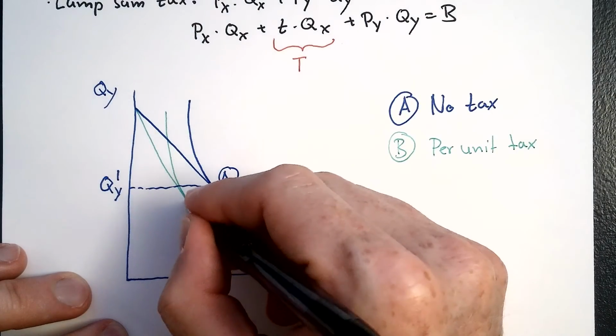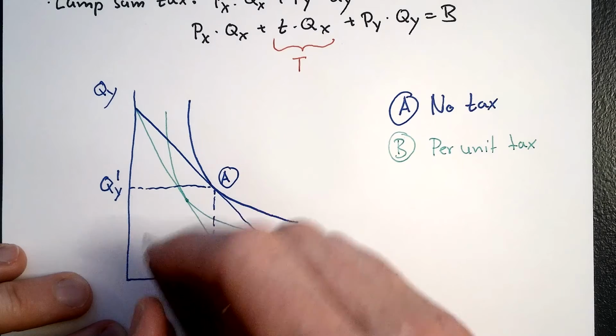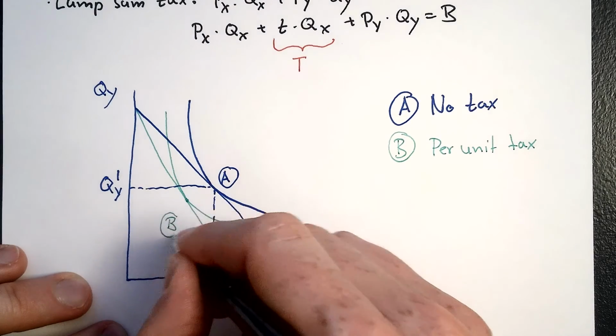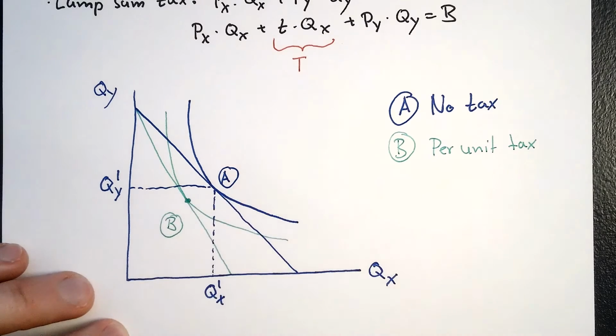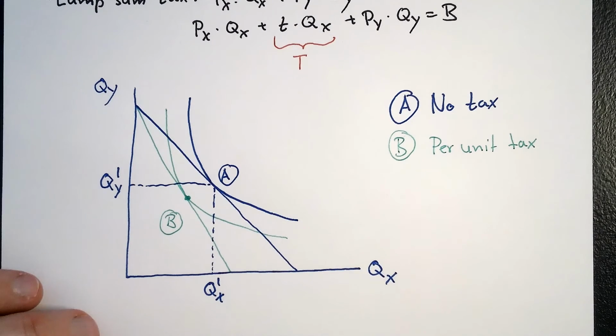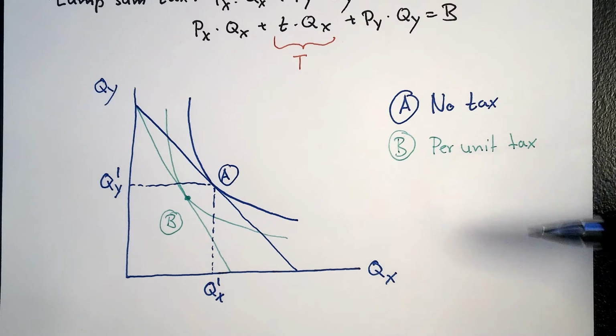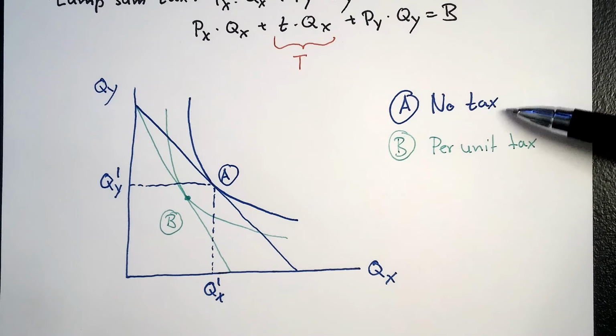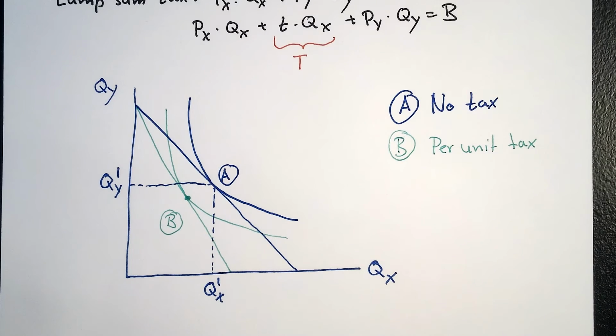Let's call this point B. So clearly it is obvious that with the per unit tax, as opposed to the no tax scenario, the consumer is not as well off.